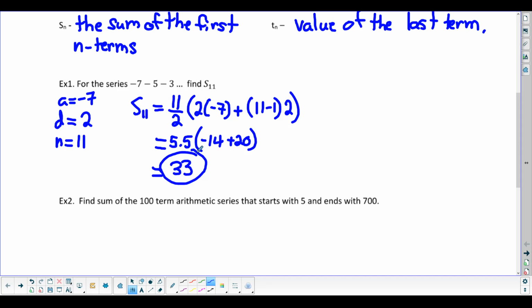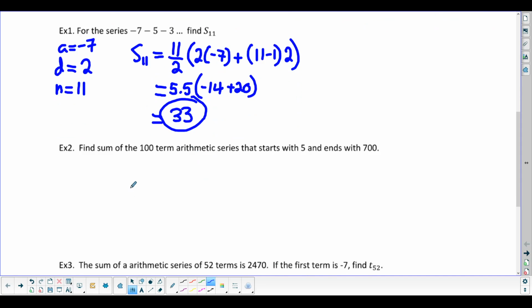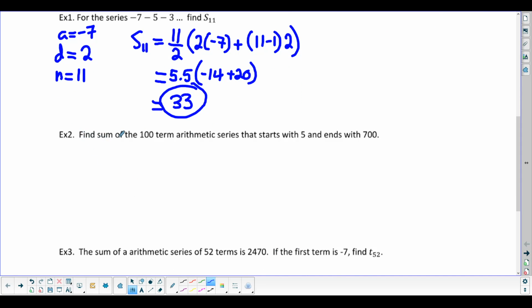Okay, so let's take a look at the second example. It says find the sum of the 100-term arithmetic series that starts with 5 and ends with 700. Okay, so it's 100 terms, so it's telling us n. n is 100.